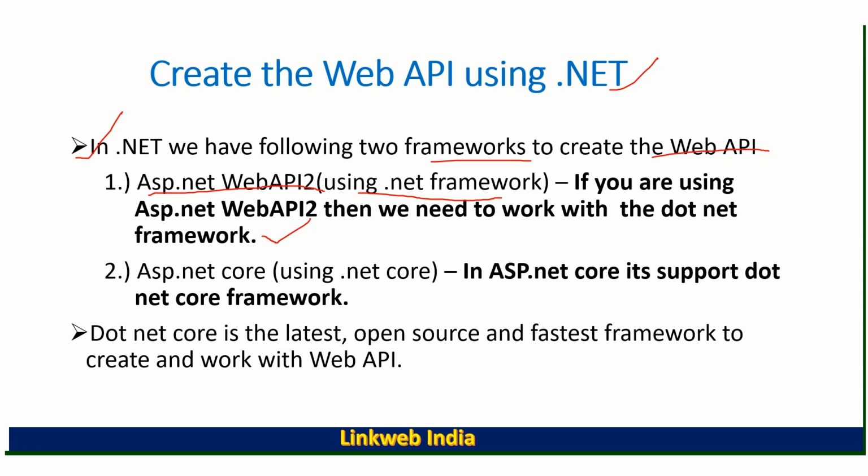The second option is ASP.NET Core using .NET Core. ASP.NET Core is supported on the .NET Core framework. .NET Core is the latest, open source, and fastest framework to create and work with web APIs.